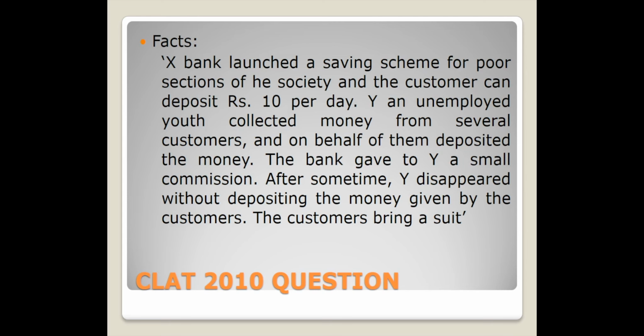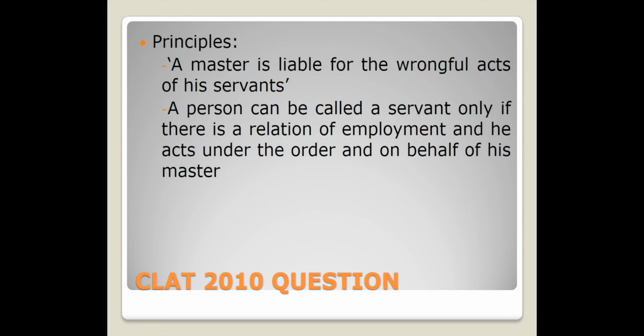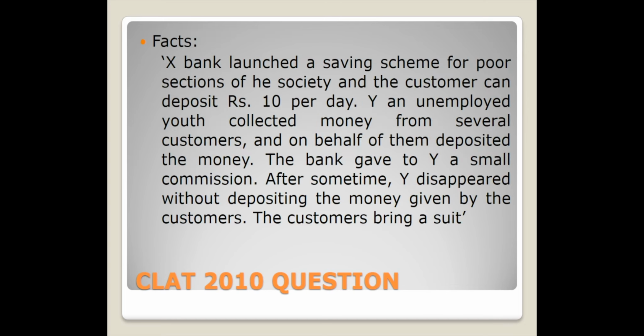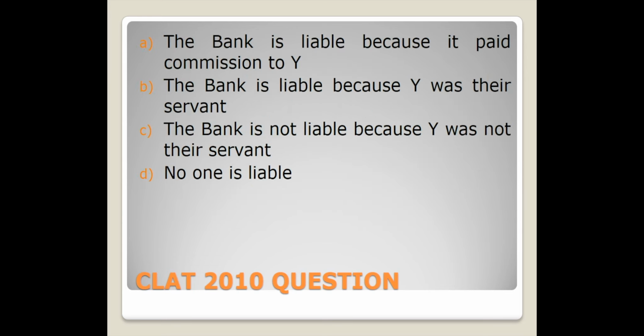So in this case, first and foremost, a master will be liable for the wrongful acts of his servant. But a person can be called a servant only if there's a relation of employment and if he acts under the order and on behalf of his master. So in this case, Y started on his own collecting money from customers on behalf of X bank. But after a while, the bank started giving Y a commission for collecting money from the people.